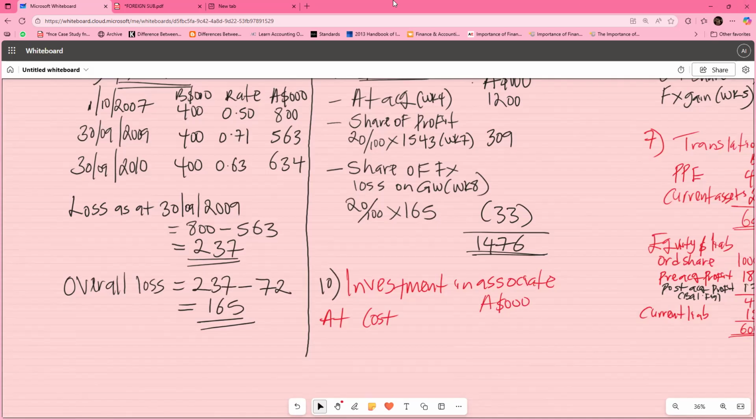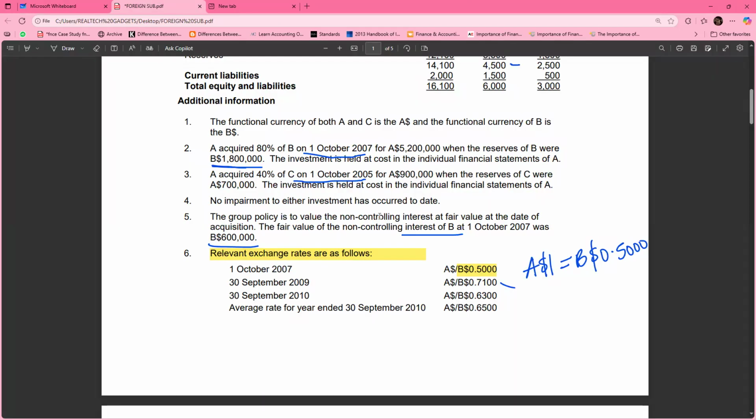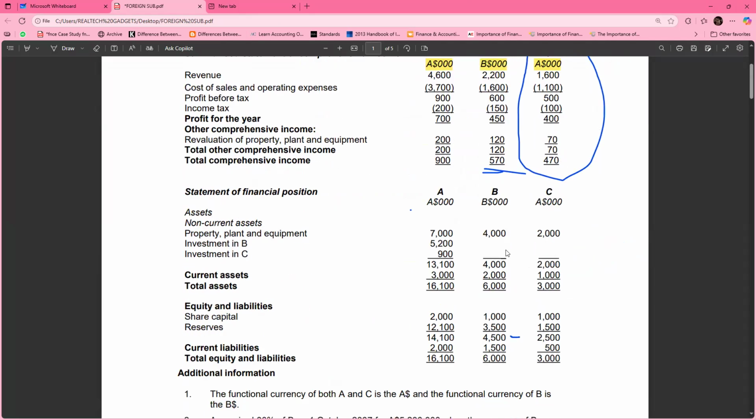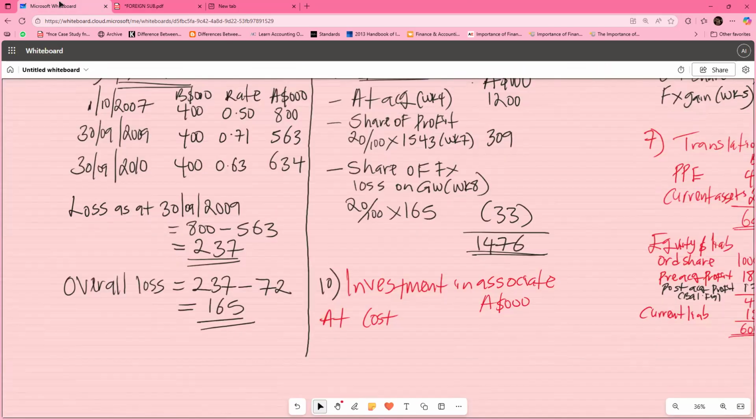You go back to the question. At cost, we can see from the parent that the parent is claiming it cost 900. So investment in C, 900. Just bring that 900 here.